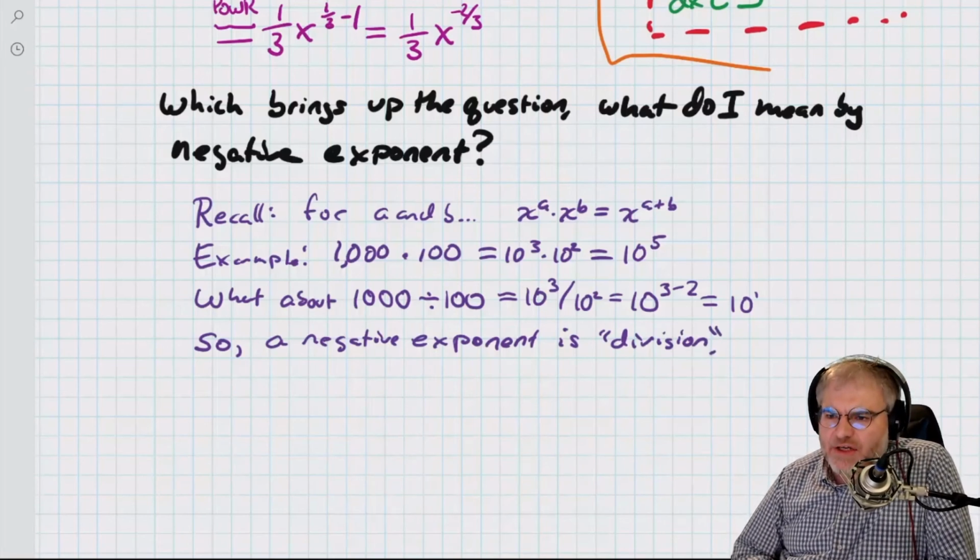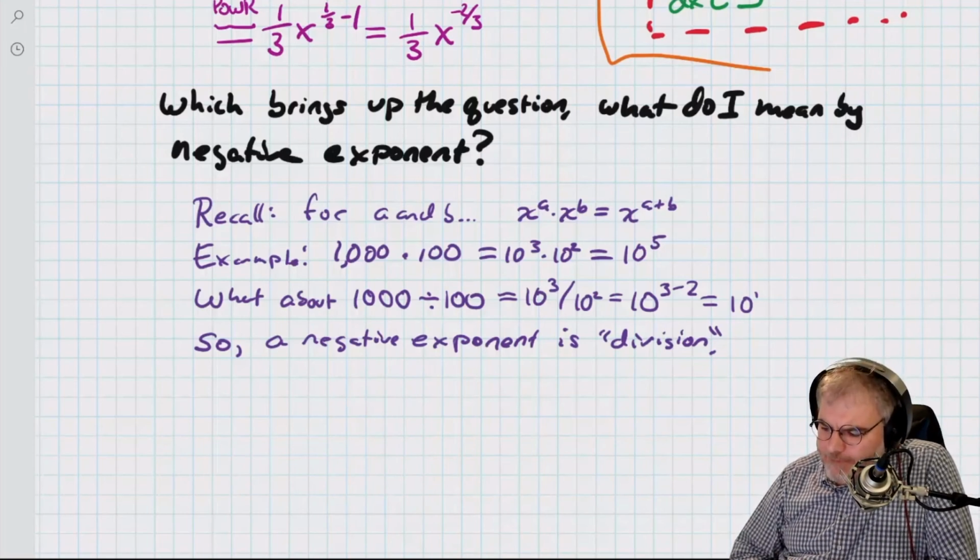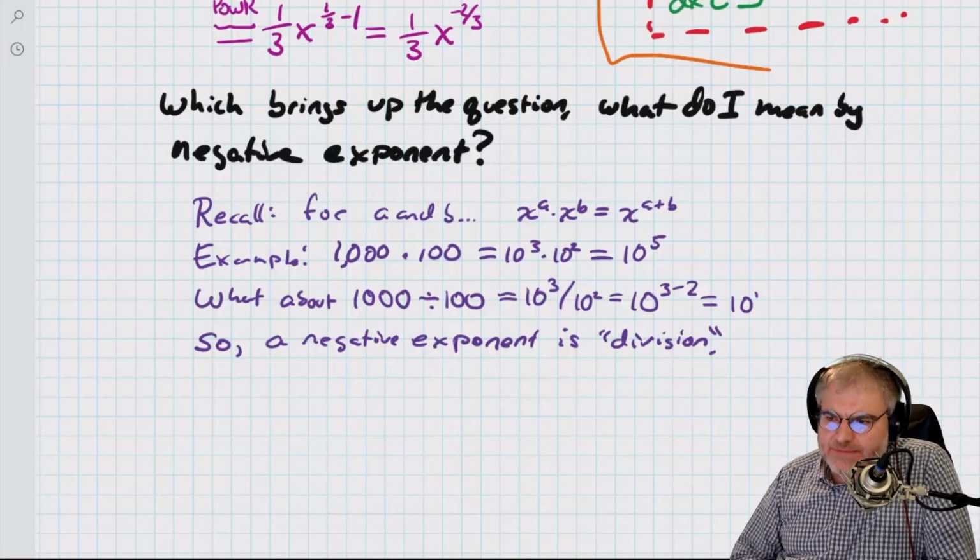So a negative exponent is division. And if you think about it, that makes sense, right?